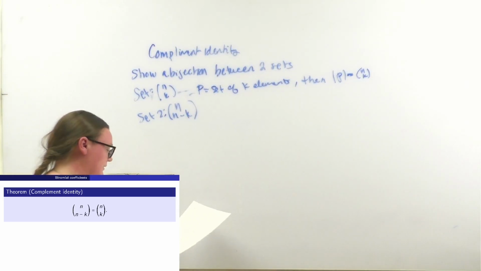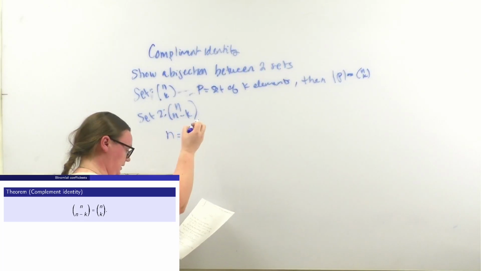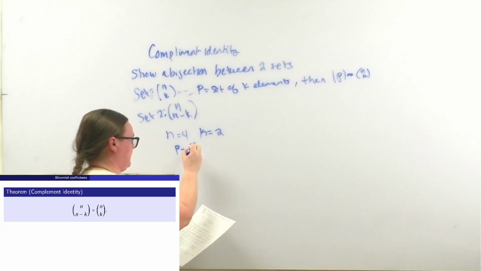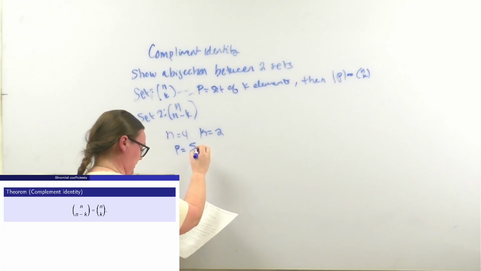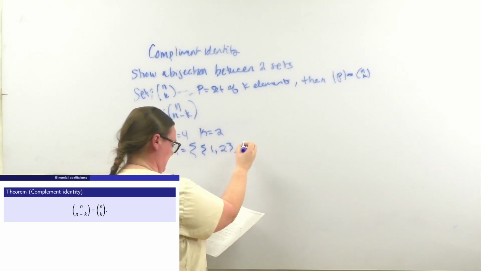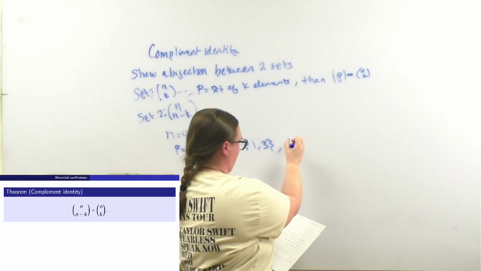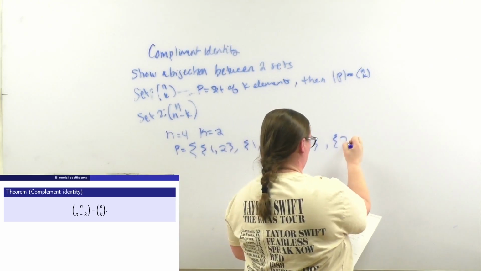For example, if I had n equals 4 and k equals 2, then I have P equals this set here: I got 1, 2, and I got 1, 3, and I got 1, 4. I regret writing all this down. 2, 3.